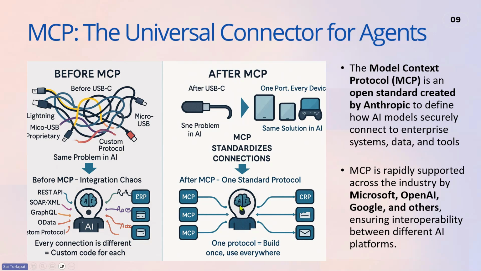If you want to get access to your Business Central data, you can use this MCP protocol to connect to Business Central. Already Copilot Studio has this enabled. We can see that as part of subsequent slides or the demo that we are going to show you.